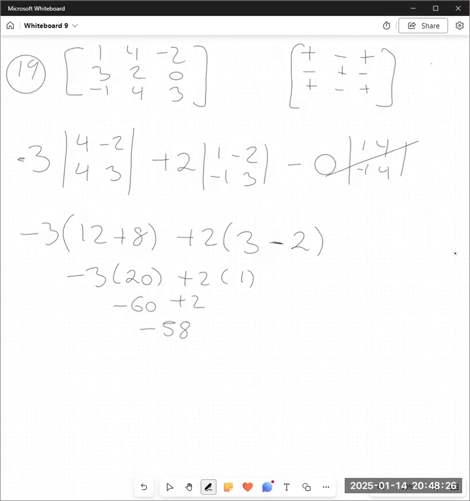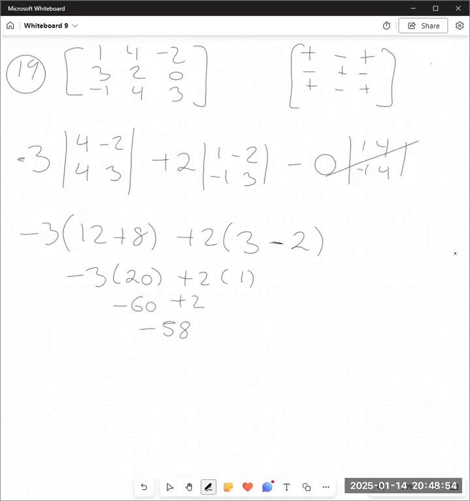Negative 3, 4, negative 2, 4, 3, plus 2 is 1, negative 2, negative 1, 3, and then 0 is going to be 1, 4, negative 1, 4.